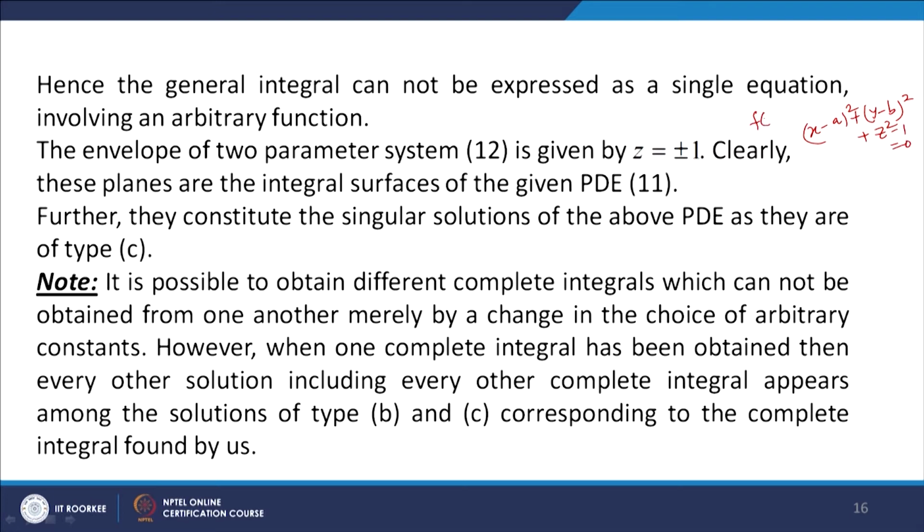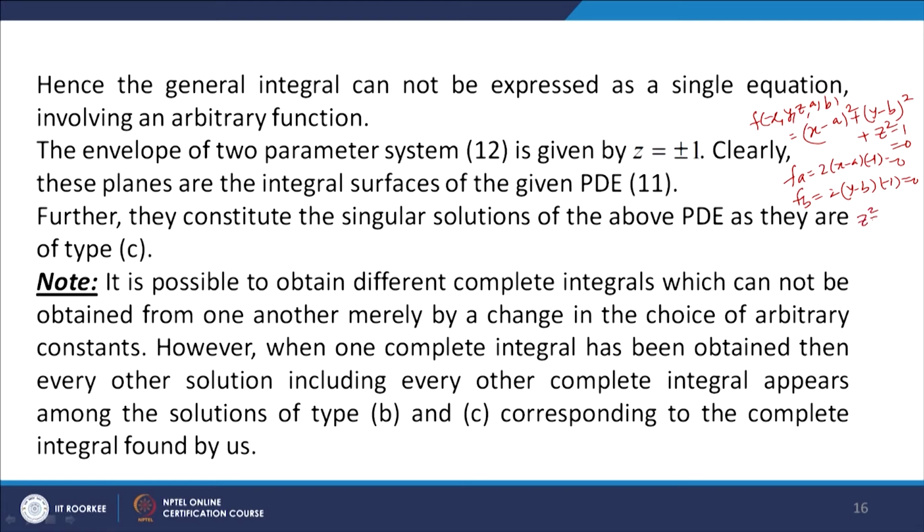So, this is f(x, y, z, a, b). Then f_a equal to 2 times (x minus a) into minus 1 equal to 0, and f_b is equal to 2 times (y minus b) into minus 1 equal to 0.